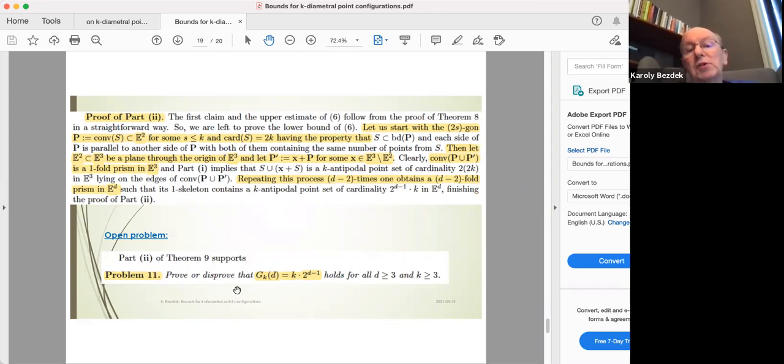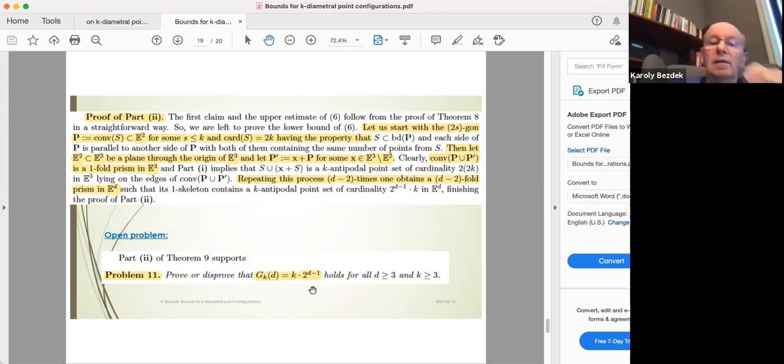I put down here this question: perhaps the largest cardinality of a k-antipodal point set in R^d is equal to k times 2 raised to d minus 1. There is a construction which gives this number. That much I know, but whether that is really the highest number, I don't know.